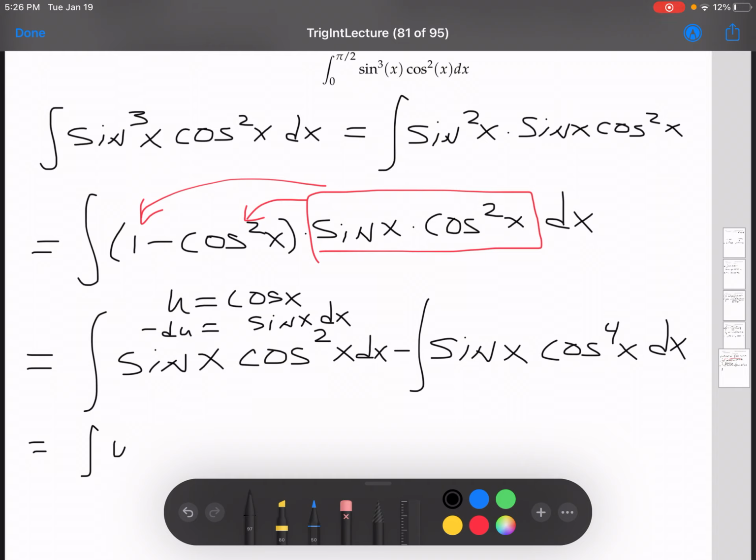So we have u squared negative du, right, because negative du is sine x dx, and those are exactly right there.